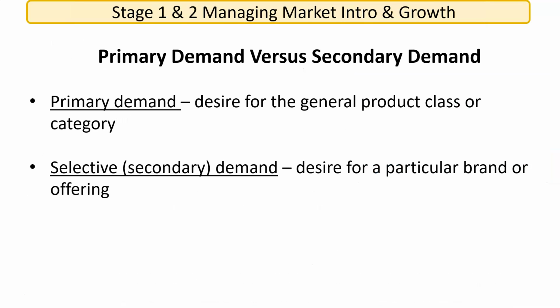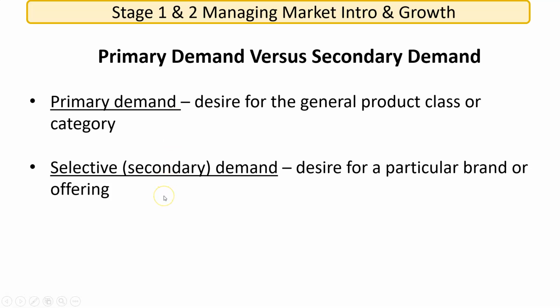So I really want to stress this. These two terms underlie why we start by promoting the general product and then switch to advertising our brand instead. So primary demand, desire for the general product class or category. Selective, sometimes called secondary demand, desire for a particular brand or offering. So primary demand, should I shop at the grocery store?